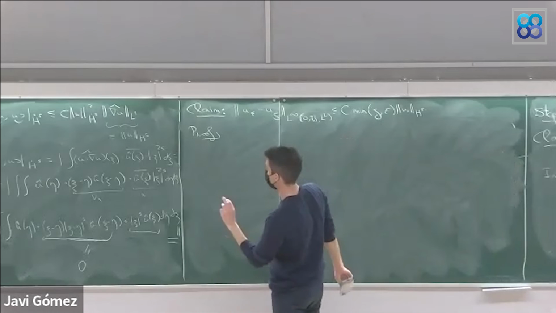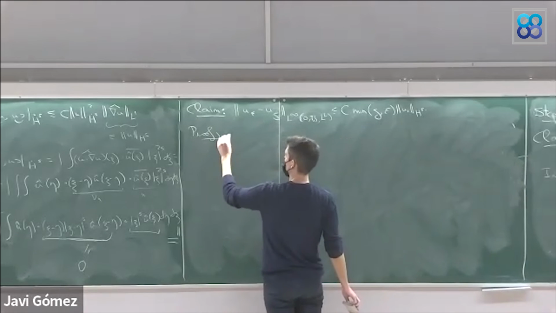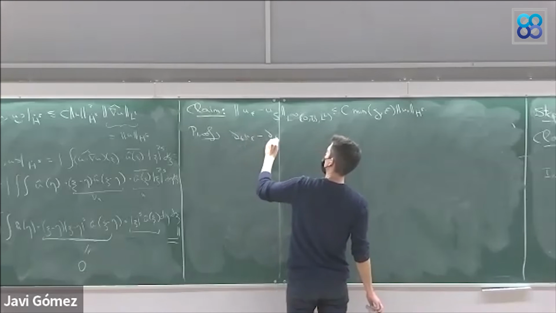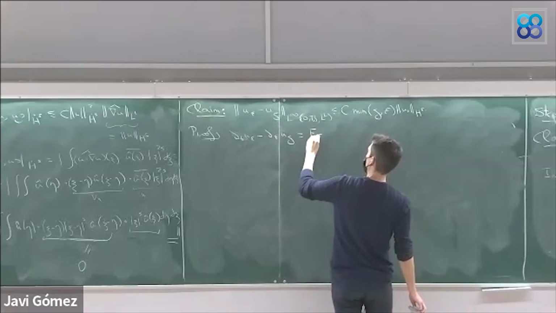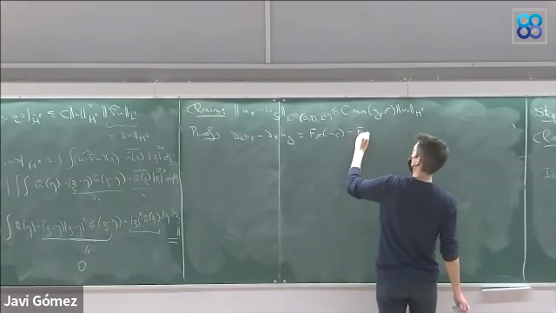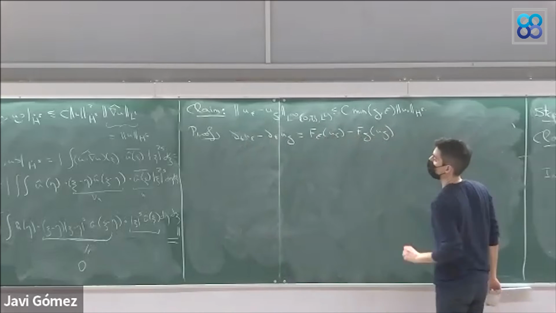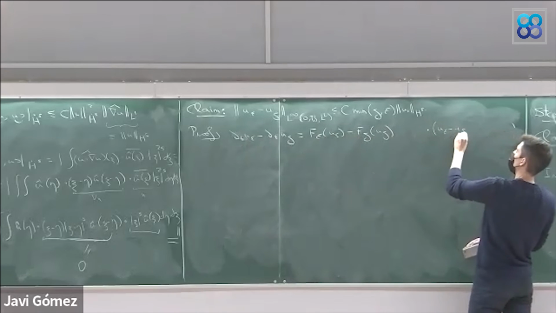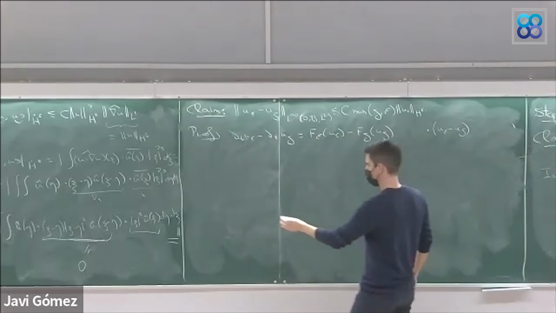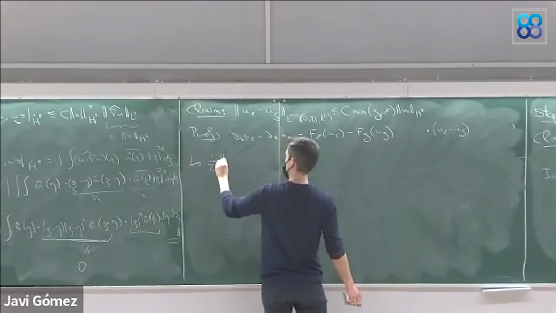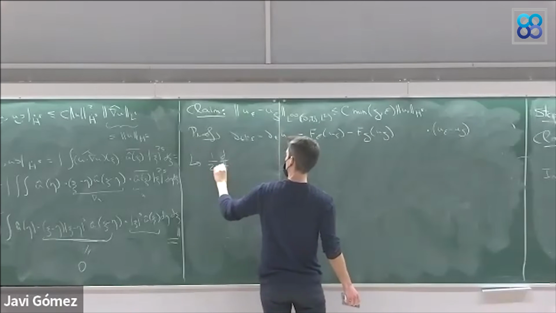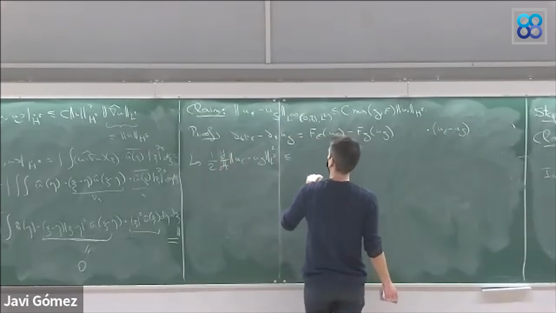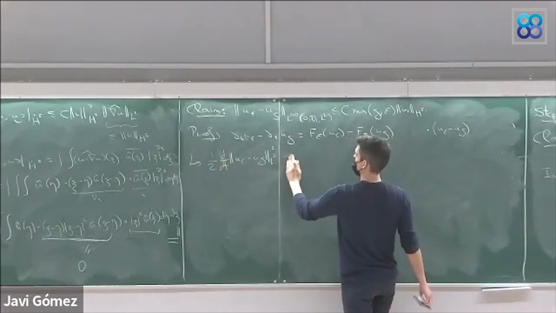So let's take the equation for U epsilon, now take inner products with the difference, and we have that equal.